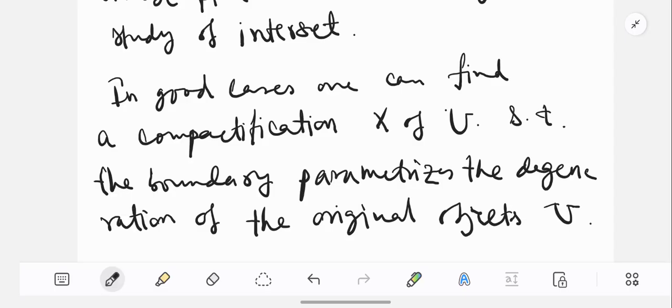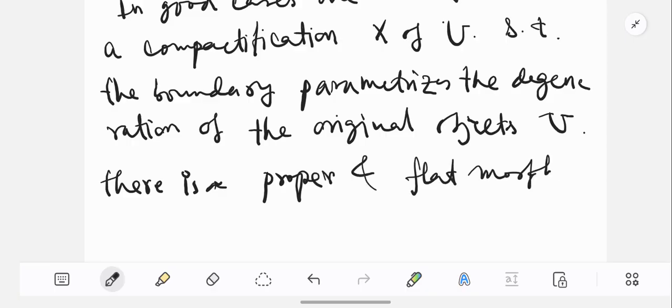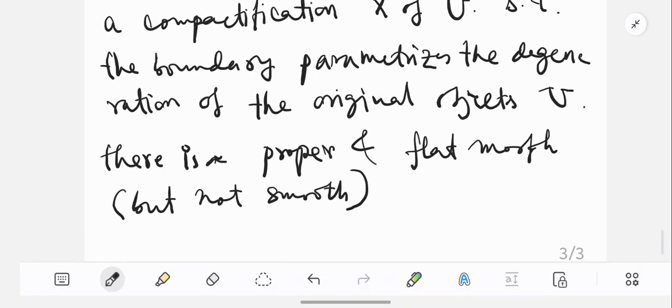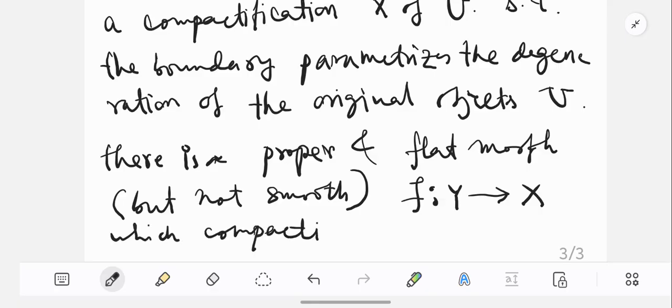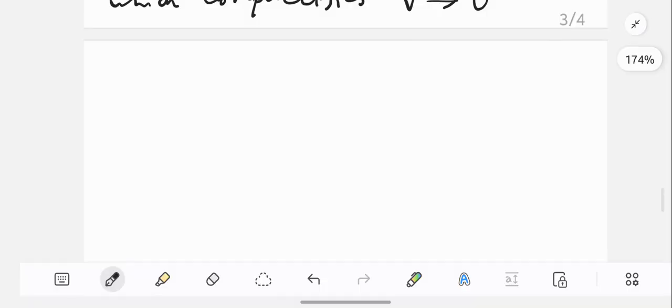And also there is a proper and flat morphism, but not smooth, from Y to X which compactifies V to U. So then we are left with the problem of analyzing the behavior of f along the boundary and comparing how U is related to X and V is related to Y.